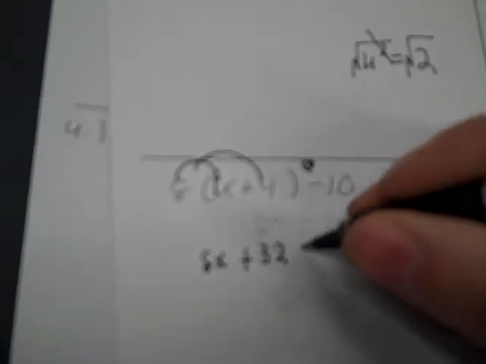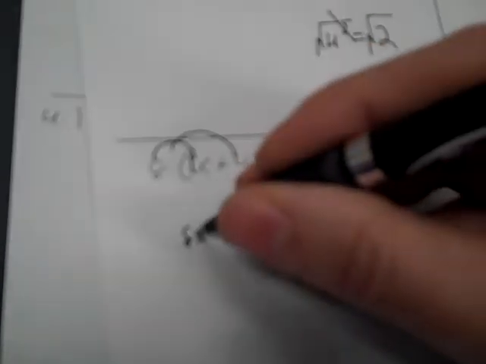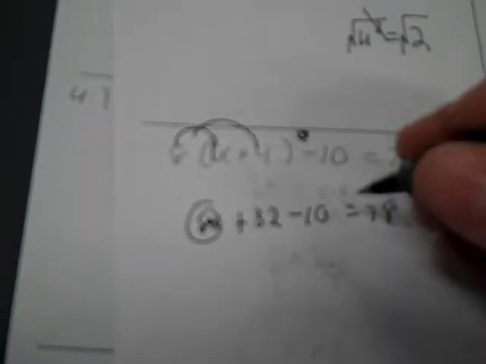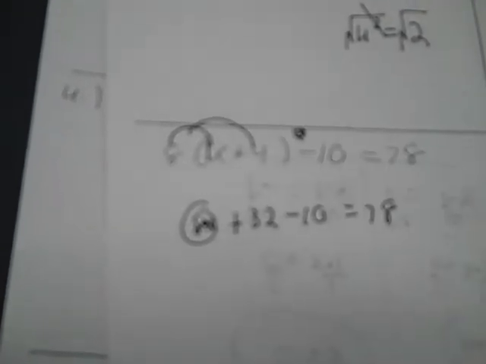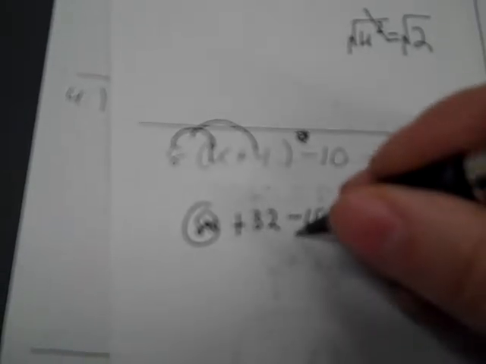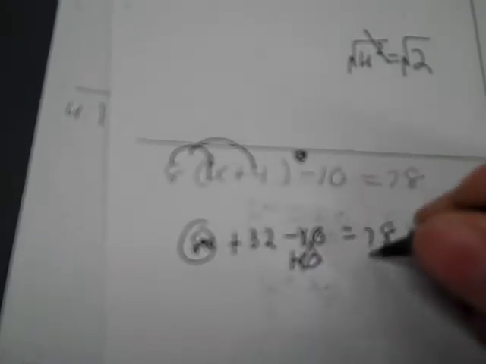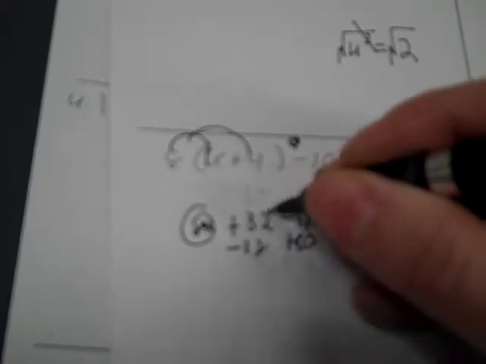And then I minus 10, and then equals 78. Okay, because I don't need the h, it wasn't blocked, so I dot my x and circle it. Now there's a plus and a minus outside of there. So we can get rid of either one first, it doesn't matter. So minus 10, I would add 10. And the plus 32, I would minus 32.